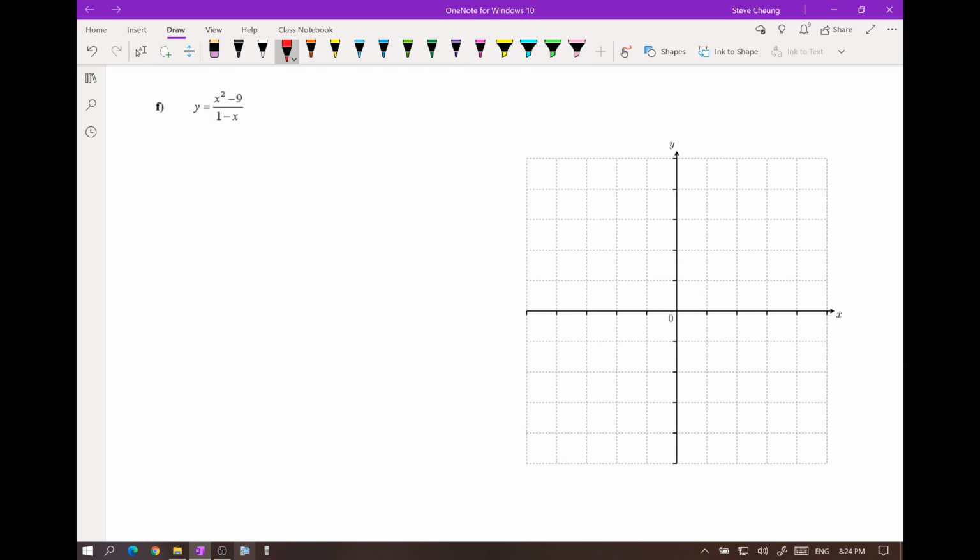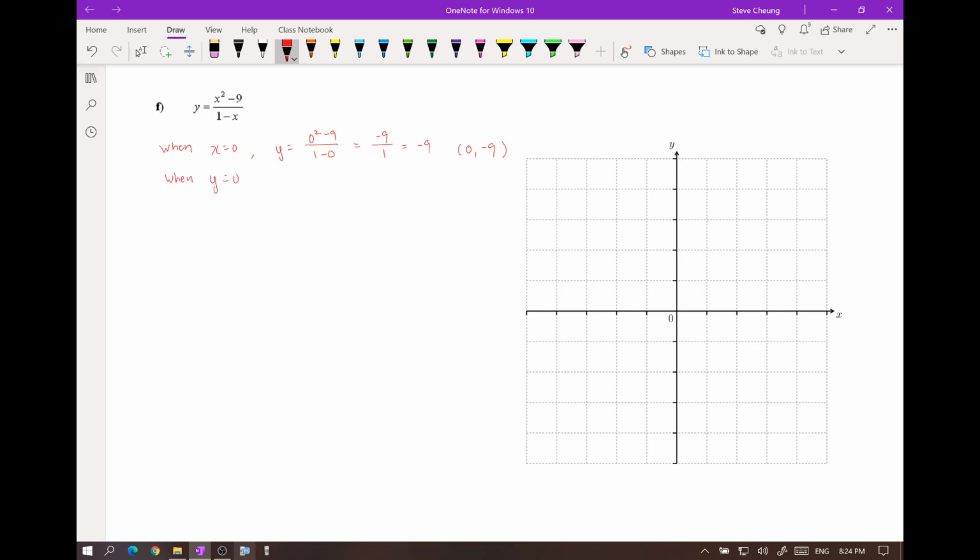All right, so let's find the y-intercept. It's just -9. So I'm going to have to change this scale a little bit, otherwise it's not going to fit.